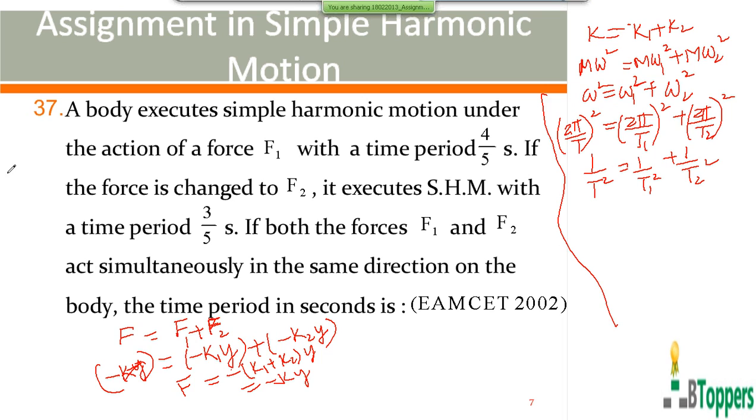So the time period T1 in the first case is given to be 4 by 5 seconds. The time period in the second case is given to be 3 by 5 seconds. So 1 by T1 square will be (5 by 4) whole square. 1 by T2 you can write 5 by 3, whole square.